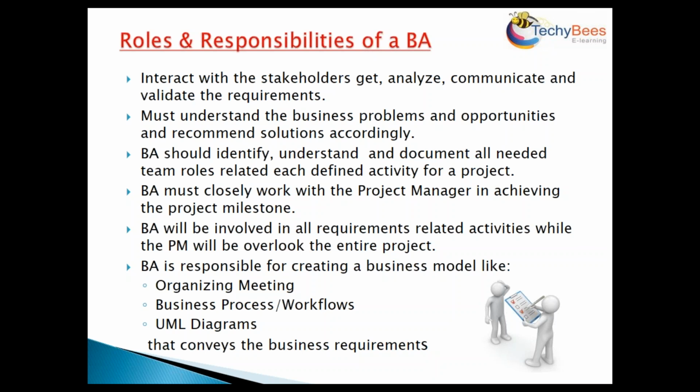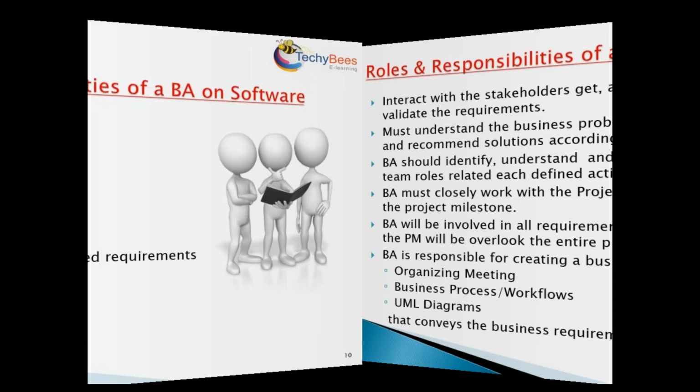So we will see that in detail. A BA will be involved in all requirements related activities, while the project manager will oversee the entire project. BA is responsible for creating a business model like organizing meetings, business process, workflow creation, UML diagram creation, artifacts creation, etc.